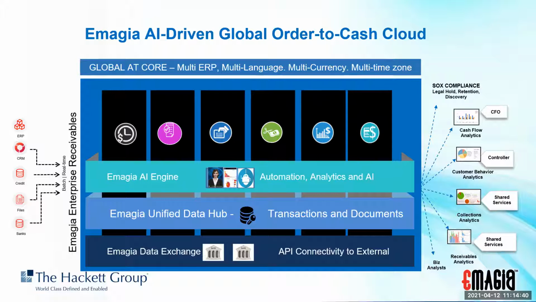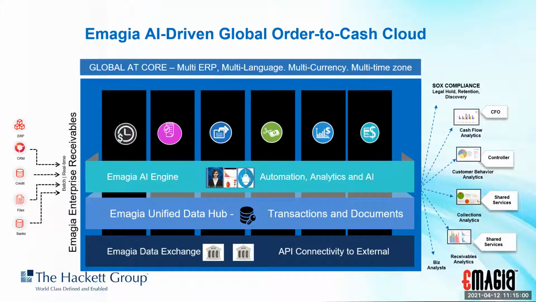We bring it all together into what we call a central unified data hub. First and foremost, we bring everything together in one central location where you have data, documents, your third-party data, your internal enterprise data, you have all of that.